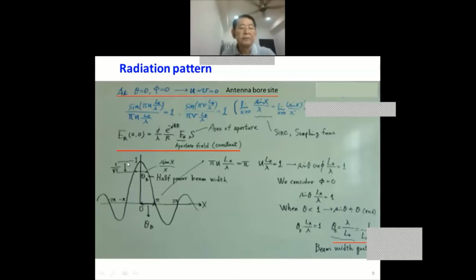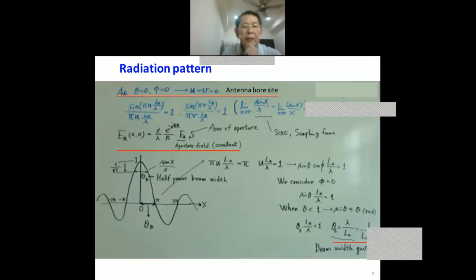This amplitude is 1 over root 2. This is the electric field. So the electric power becomes 1/2. 1/2 means 3 dB.